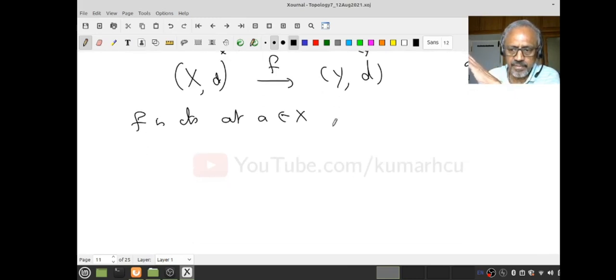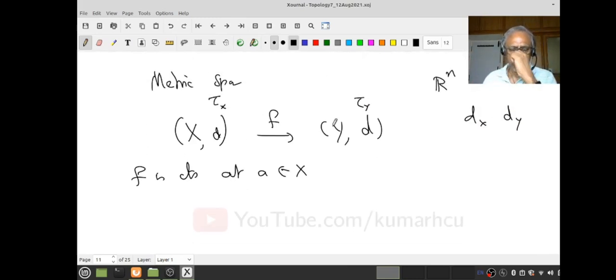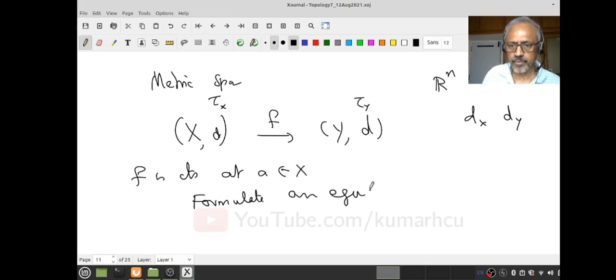But I want to formulate the definition of continuity at a point A using the metric. You want to formulate an equivalent definition using the metric d.